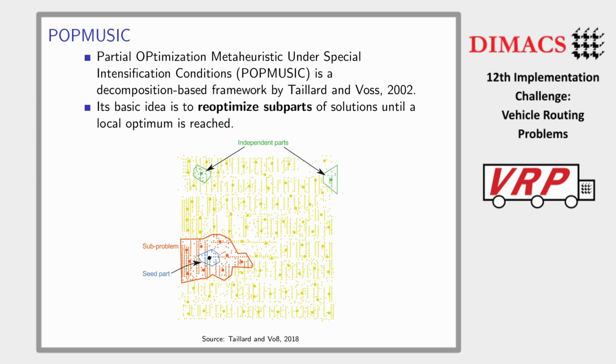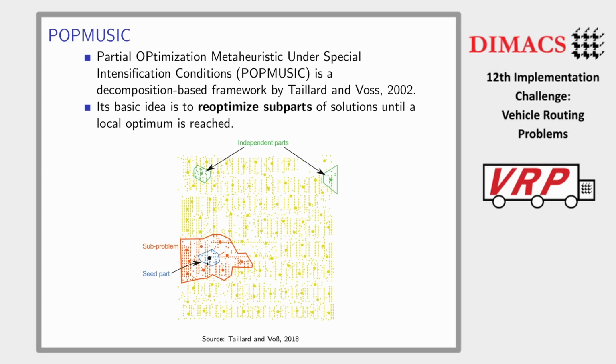As this figure illustrates, it is suitable for problems whose solutions have independent parts. So you can use some of these parts, as this blue one, as a seed to build a subproblem. In this illustration, you have this red subproblem.